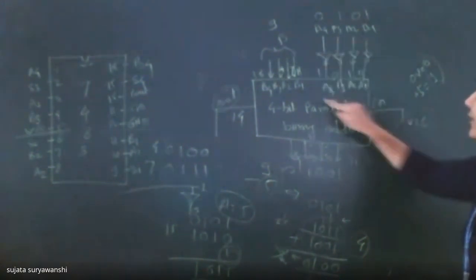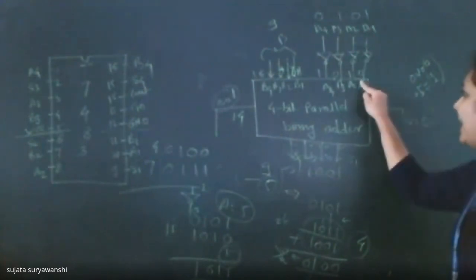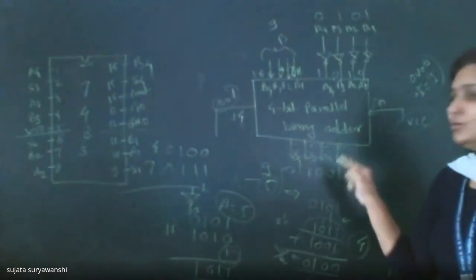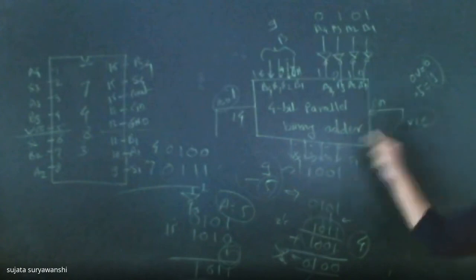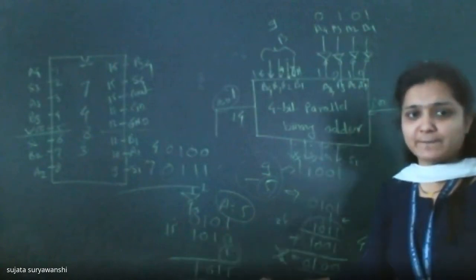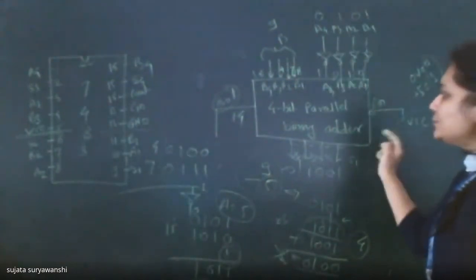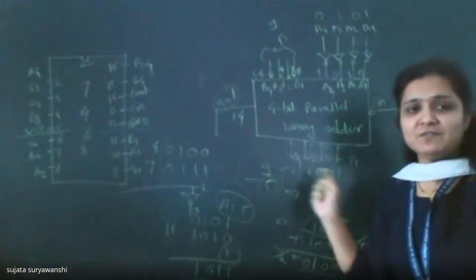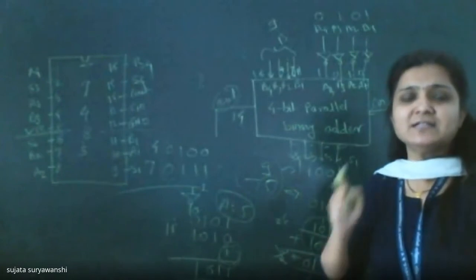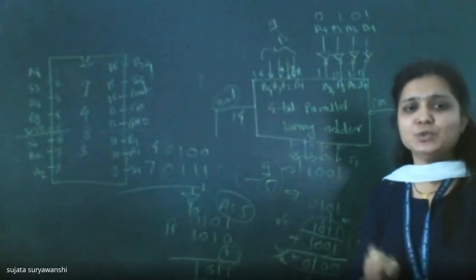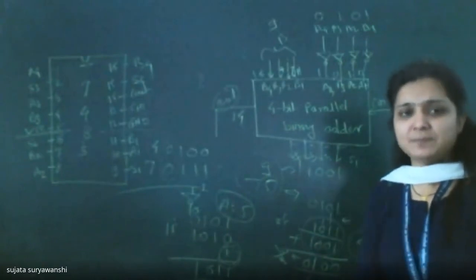So once you get 1's complement, then you simply add this 1 into the LSB bit of 1's complement to get the 2's complement number. In this way, when you make these connections, this particular circuit, that IC 7483, works as subtractor. That is 4-bit parallel binary subtractor.